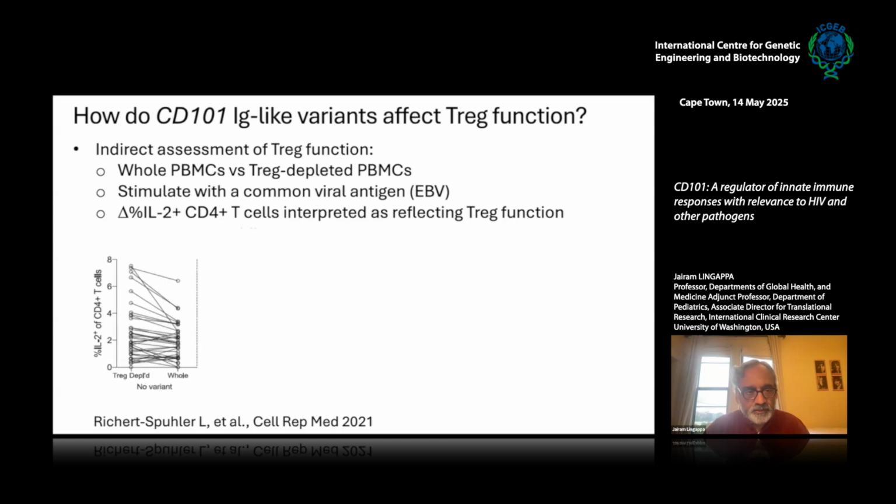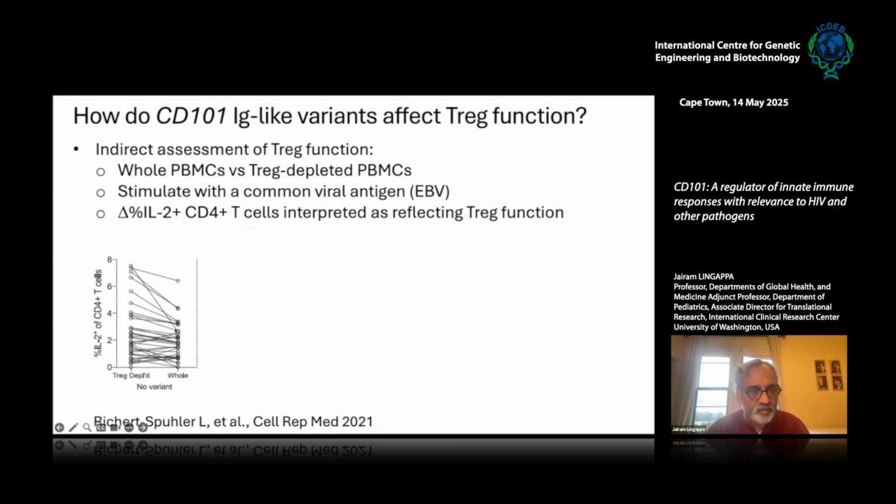So, for example, in this plot here, which compares whole PBMCs versus Treg depleted PBMCs, looking at the proportion of activated CD4 T cells, you can see that for individuals with no variant, where their regulatory T cells were functioning normally, when you take away regulatory T cells, in general, you increase the level of these activated IL-2 positive T cells in the mix.